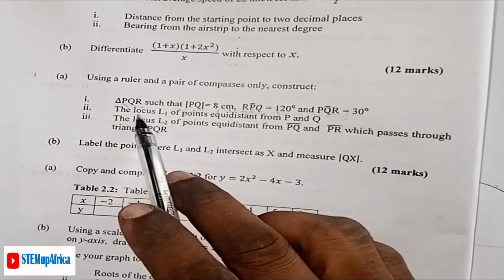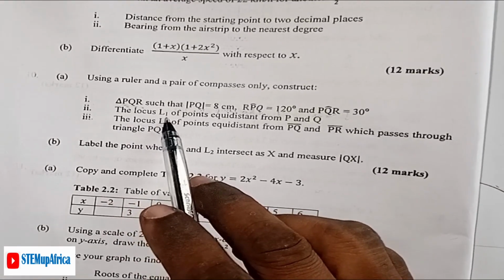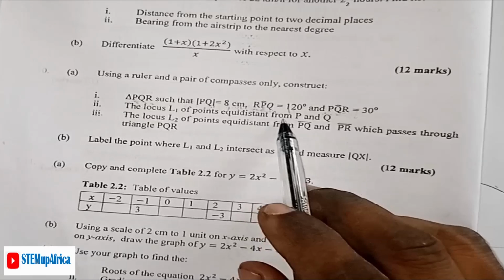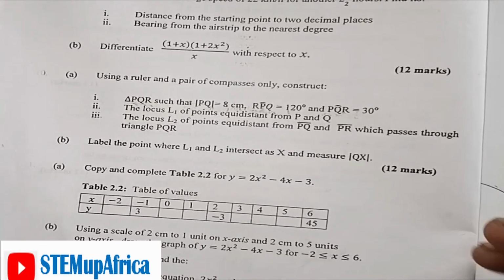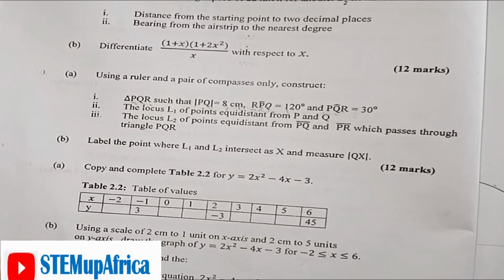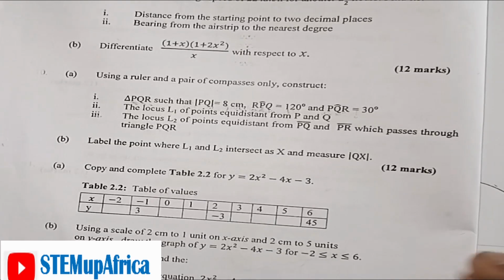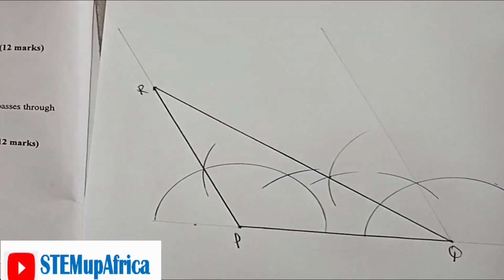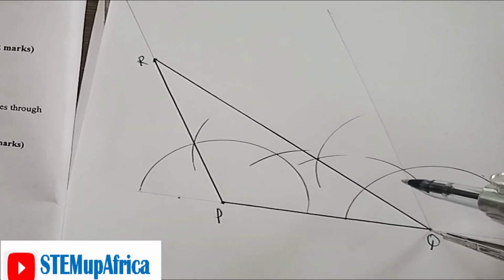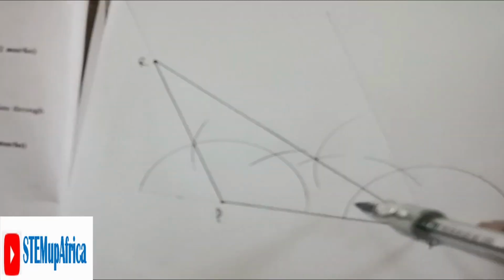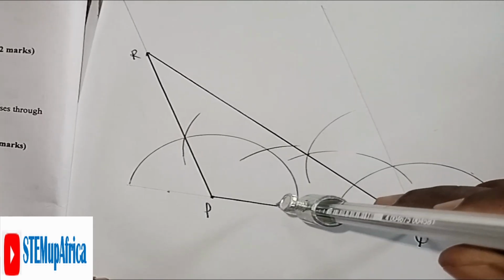Roman figure 2 says you construct a locus L1 of the points equidistant from P and Q. A locus equidistant from P and Q means we should bisect line PQ into two equal parts. Equidistance means equal distance. How do I do that? I will take my pair of compass. If you want to construct the bisector of a line, make sure you open the radius a little bit more than half of the line.